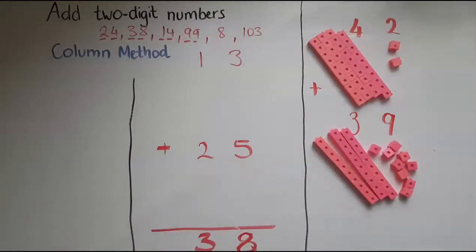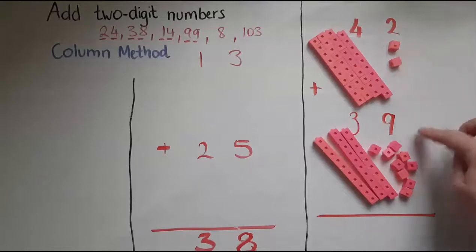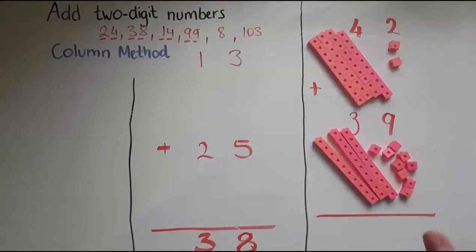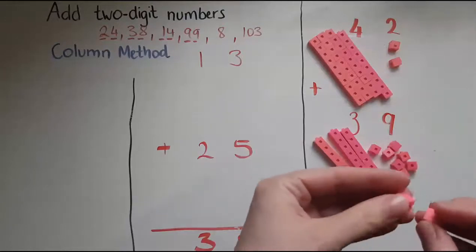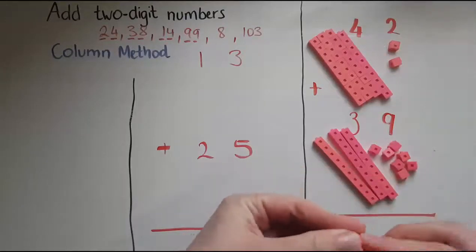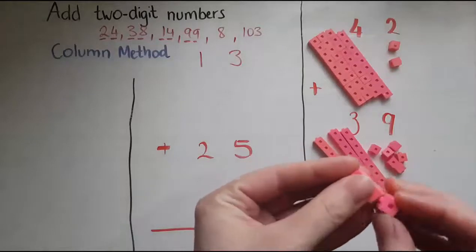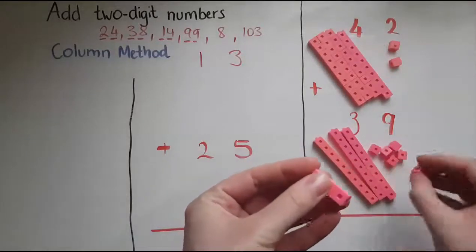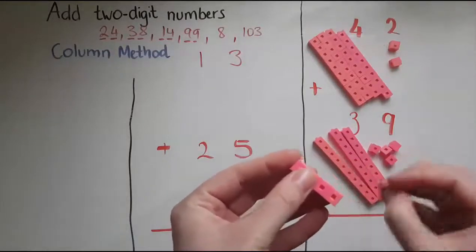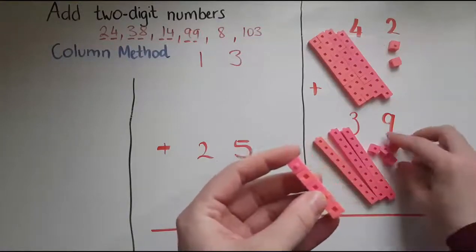So I'll try and add them, starting again with the units. Let's see, can I make 10 with these? So I've got 9 already in here, so I'll try and make with the rest of them a block of 10.